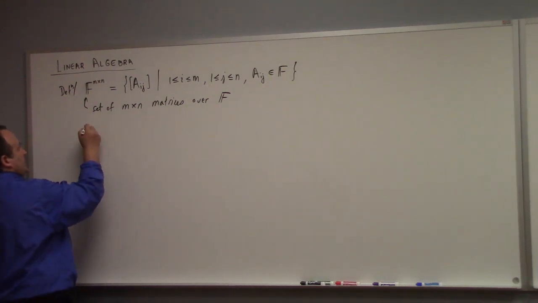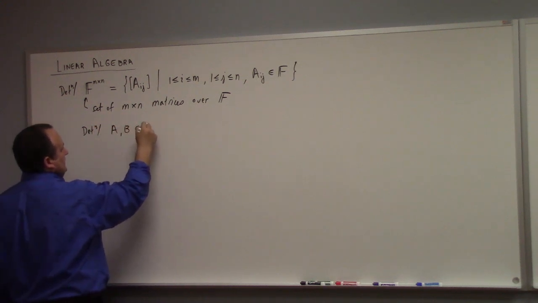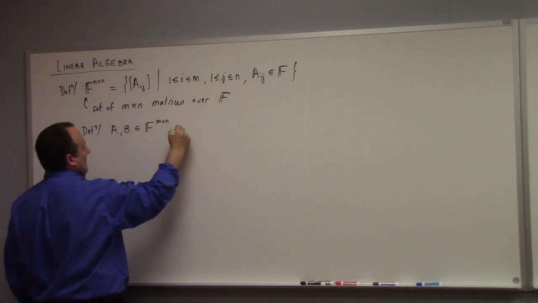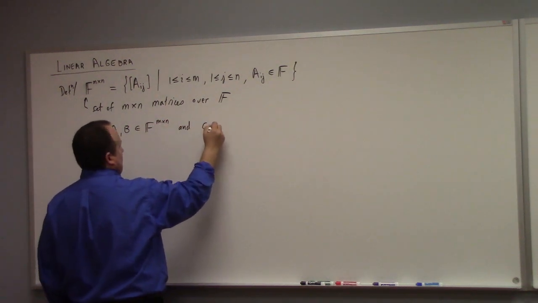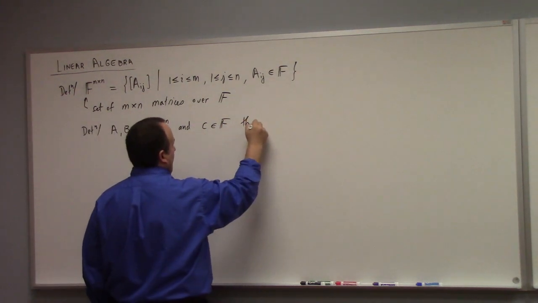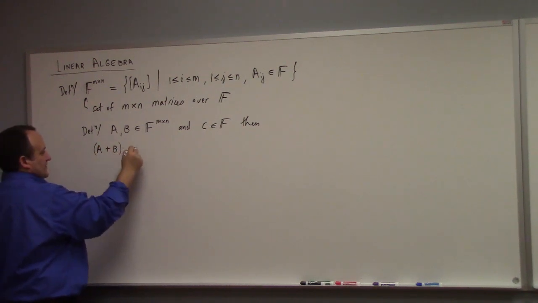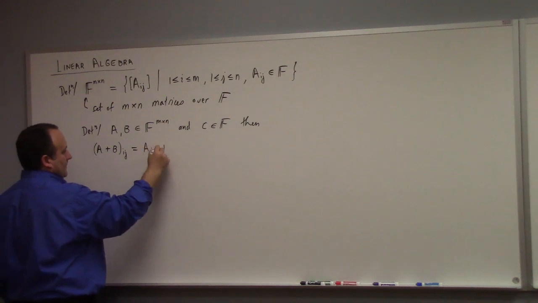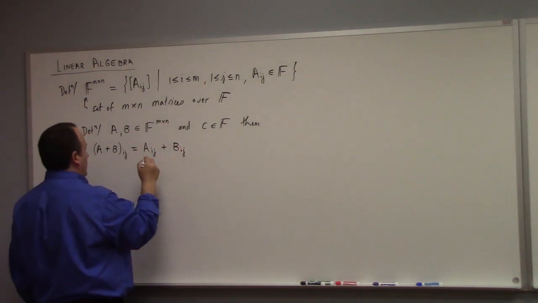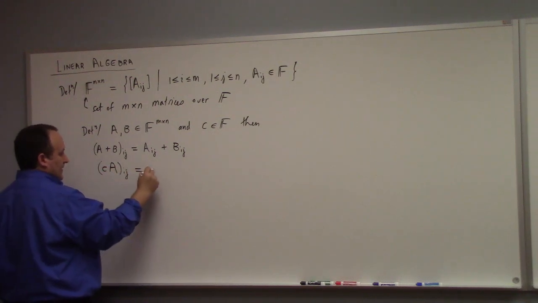So, definition: if you have A and B matrices, and a constant c in your field, we can define A plus B as this, and c times A as this.